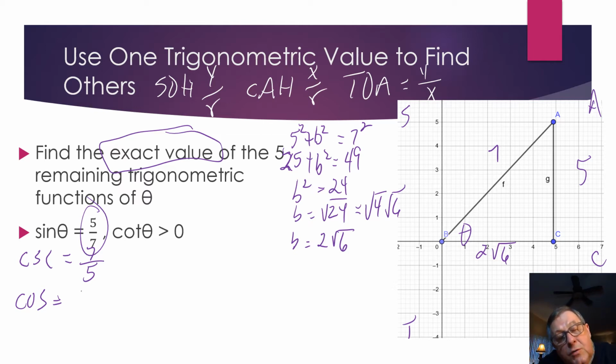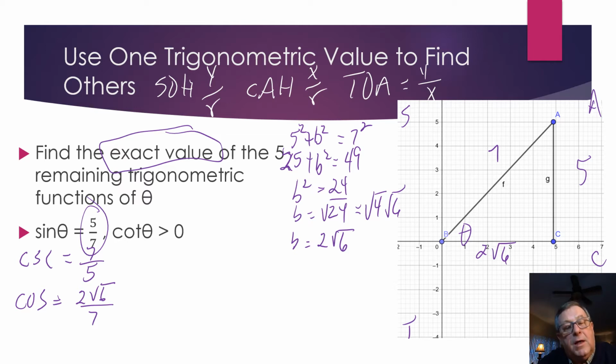So it is 2 times the square root of 6 over 7. It's going to be positive. I'm in the first quadrant, so I don't have to worry about that. I'm going to go ahead and do the tangent because it's easy to do too. Now I'd have to rationalize it anyway.